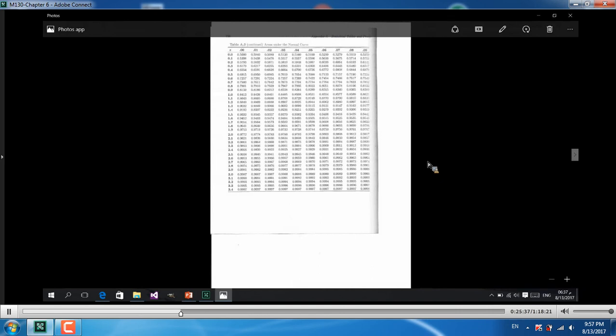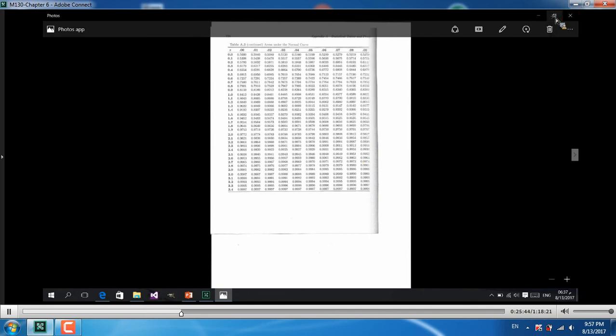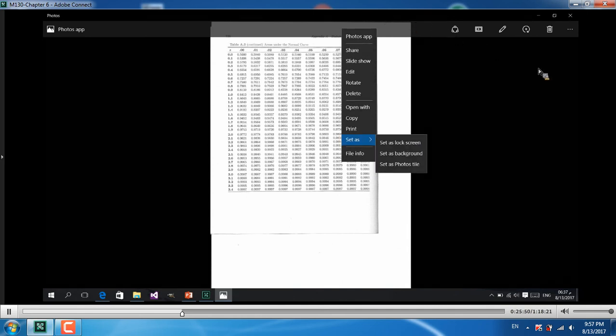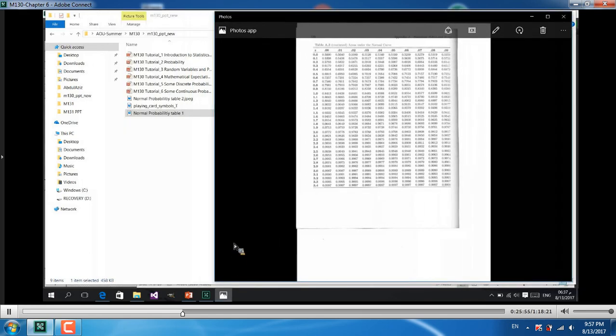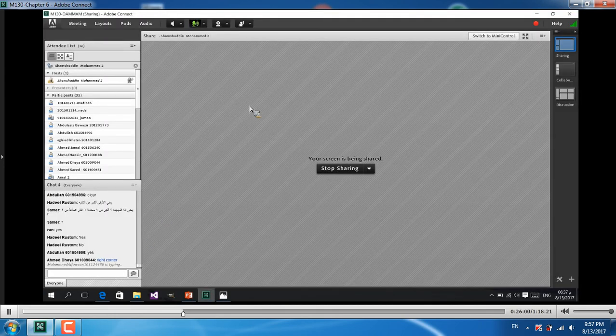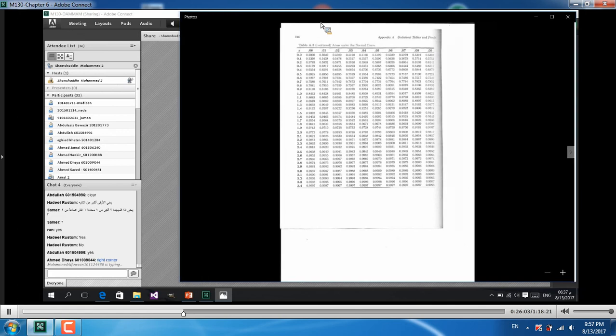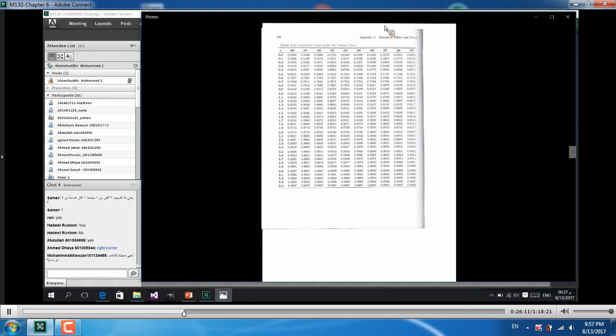Can you see the table here? This is a table you can find in the book. This table gives the area under the normal curve.